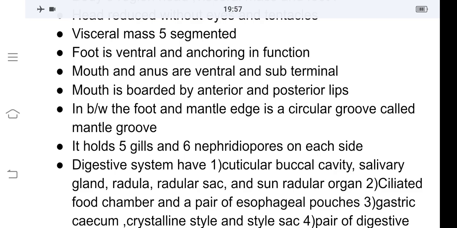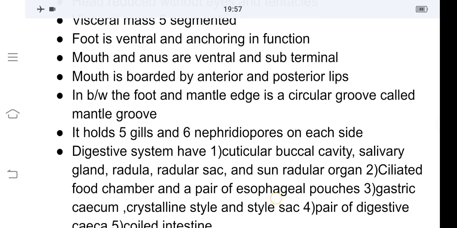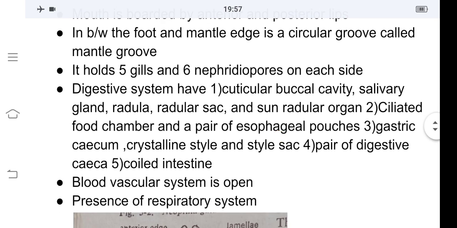Next, the digestive system. Digestive system has firstly a cuticular buccal cavity, salivary gland, radula, radular sac, and a subradular organ in the buccal cavity. Secondly, a ciliated food chamber and a pair of large esophageal pouches.